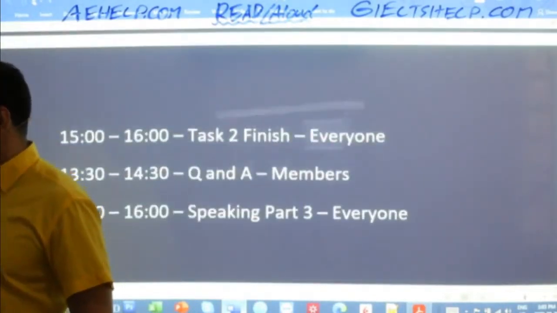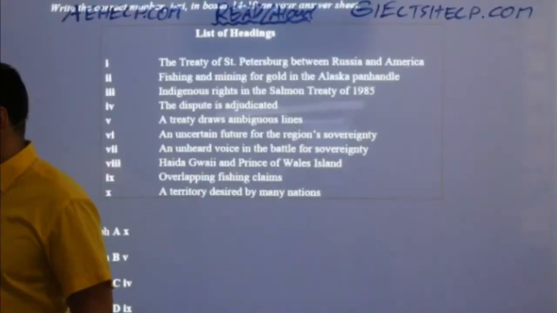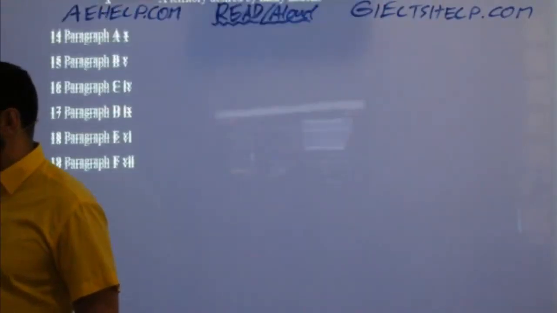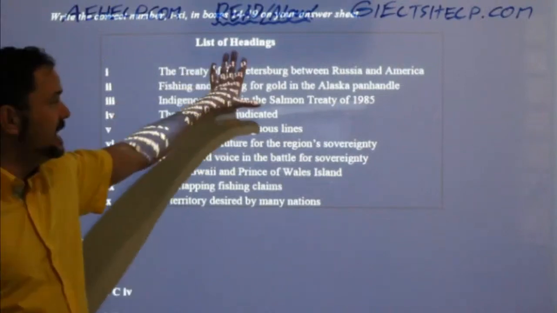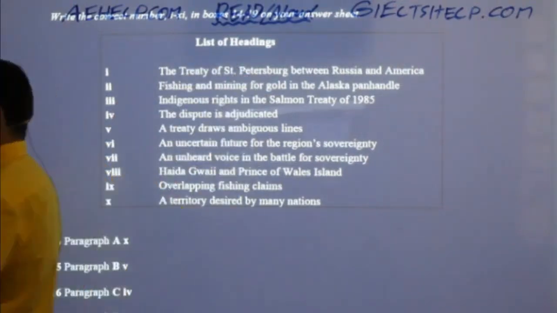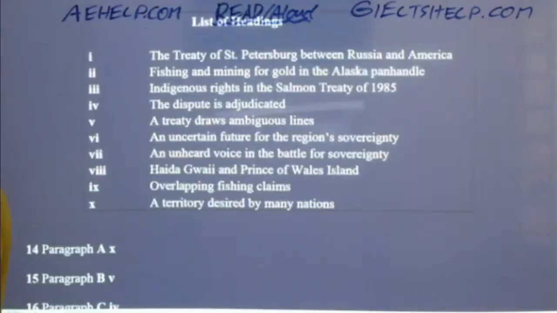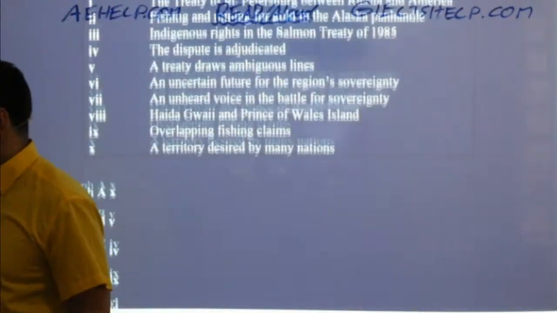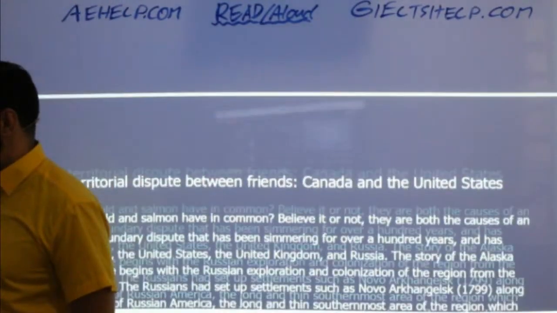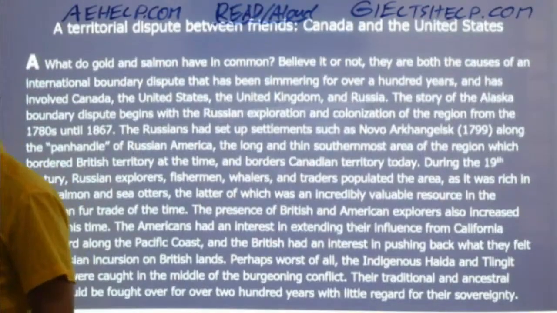Let's have a look at the passage for today. Okay, so in this passage we have a list of headings question, which is great. List of headings questions can be quite challenging. So there we go. We have some paragraphs A to F. And then here is our passage for the day.